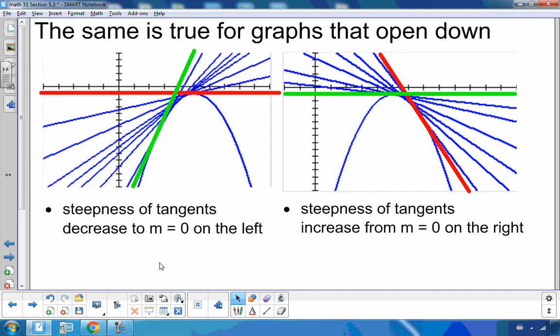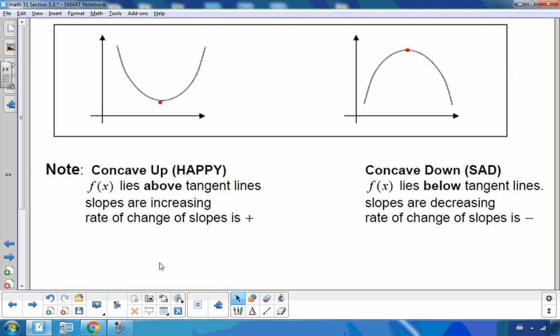So it's true whether it's concave up or concave down. On the left-hand side, slopes of the tangent lines decrease to 0, and on the right, they increase from 0.